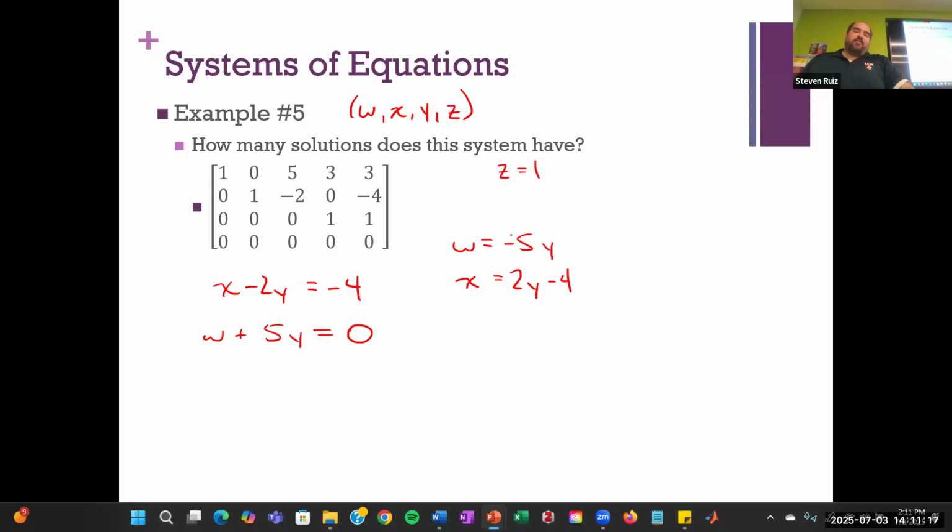That has to be true. w, x, and y are all governed. So basically, what controls the rest of the solution, at least the way that I've written it? y. You can choose whatever y is, but then w and x depend on whatever value of y you choose. So infinitely many solutions, but that's as specific as I can get about it.